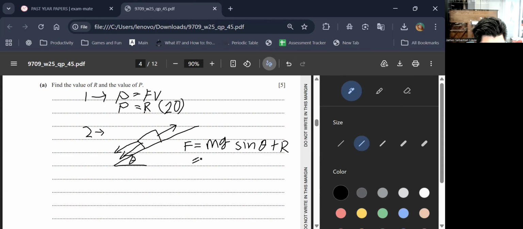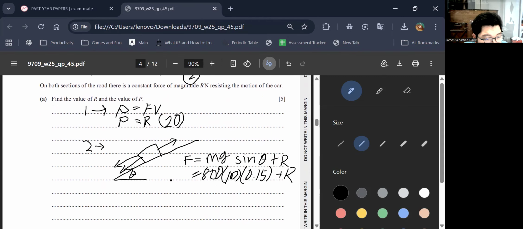M is 800, it's given, right? G is 10 in this case. Sin theta is 0.15. What is your R? Your R is what you want to find. Your F, well, you can use P. P equals FV, so F is P over V. What is your V?